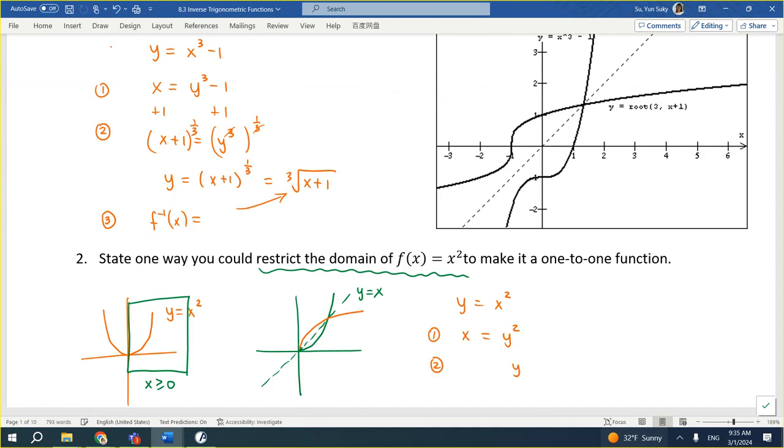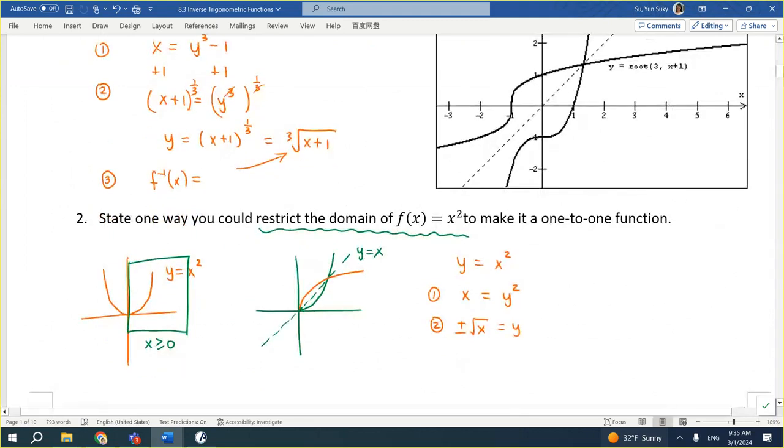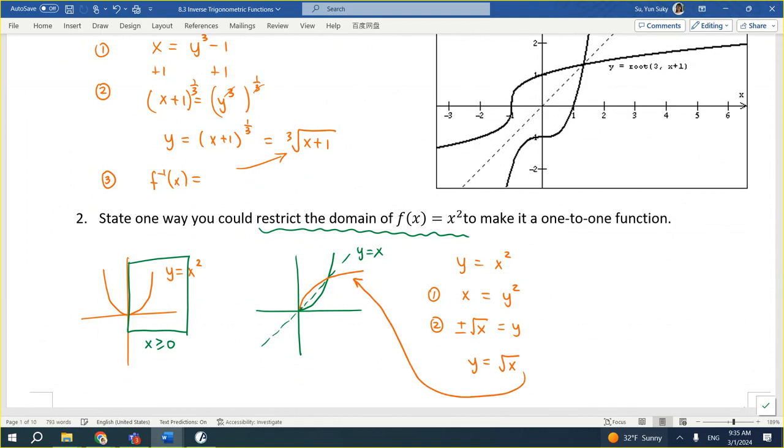So when you solve for y, you get y is plus or minus square root of x. And because you restrict x to be greater than or equal to 0, you only get the positive piece. So therefore y equals only the positive piece.